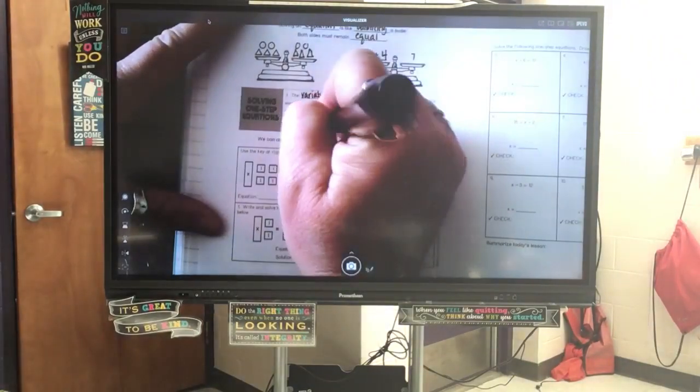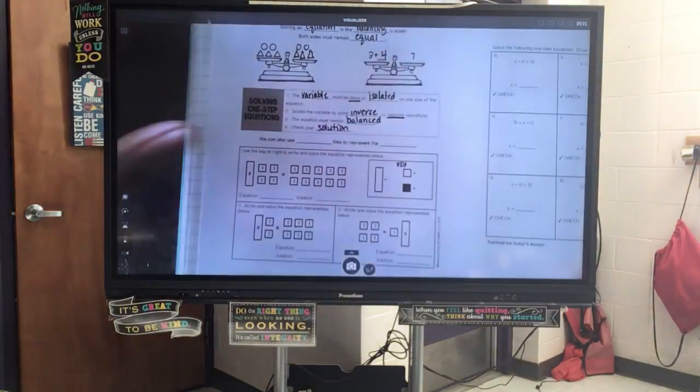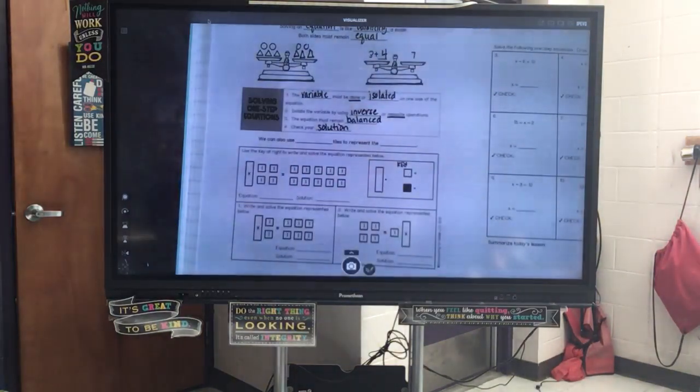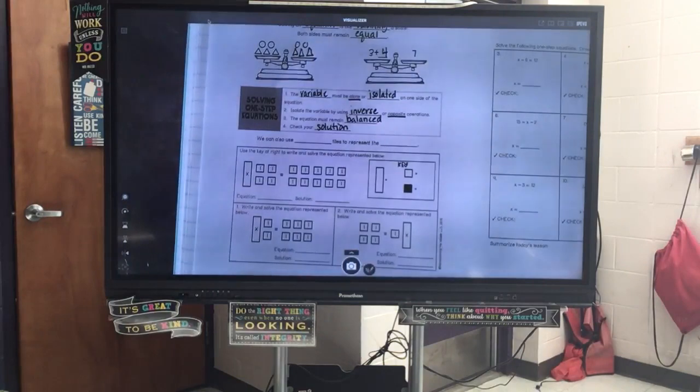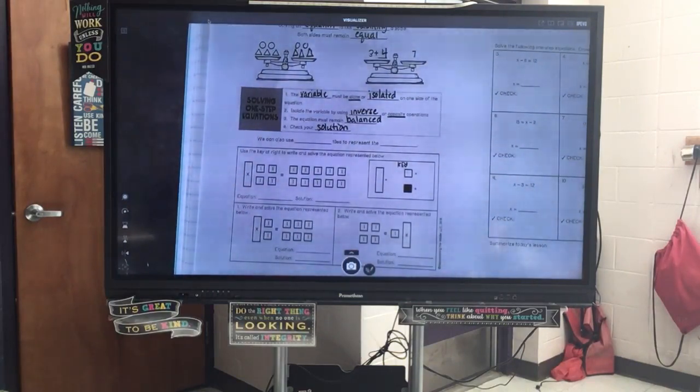How do you think we're going to check our solution? How do we check our inequalities? If you're not sure, look back at your notes from last week. Graph it, and whichever way your arrow is pointing, you pick a number from there to substitute for the variable.